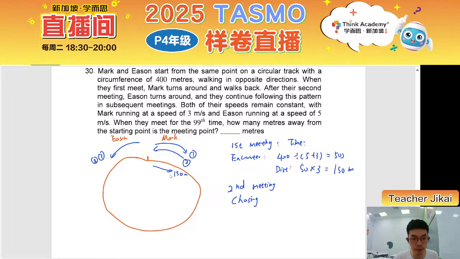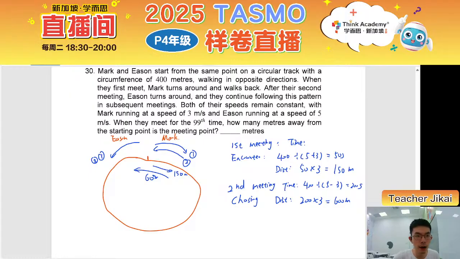So here, the time is 400 divided by 5 minus 3, which is 200 seconds. So the distance is 200 times 3, which is 600 meters. And originally we have 150, right? And we go back for 600 meters.